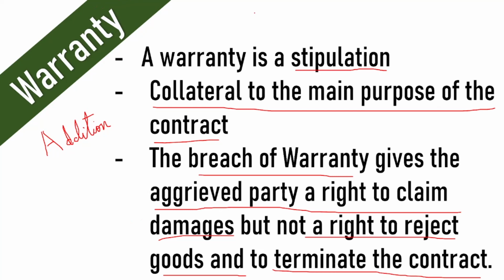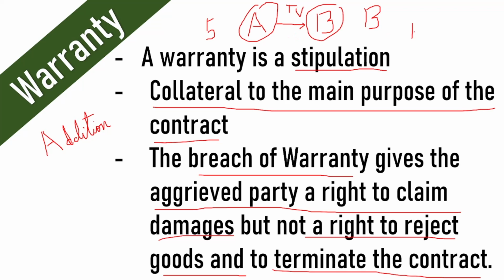Now, let us take the same example. A is the seller and B is the buyer. A would have sold a TV to B and the TV gets spoiled within 1 week of time. That time B is the aggrieved party here.